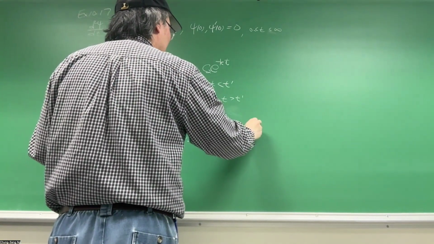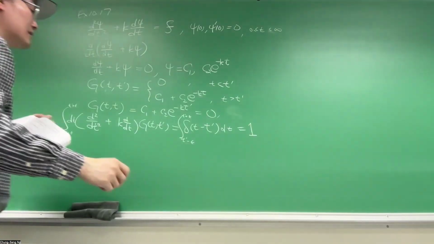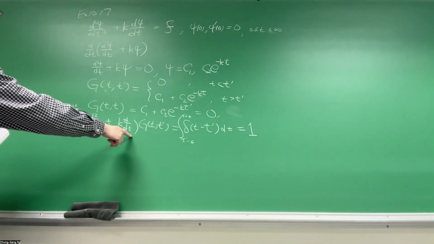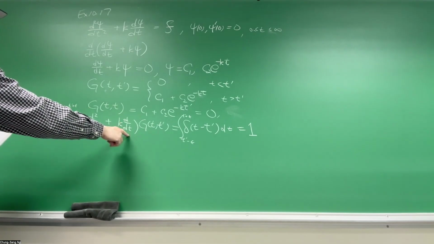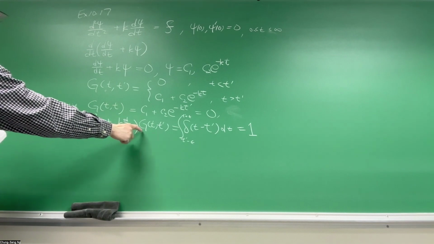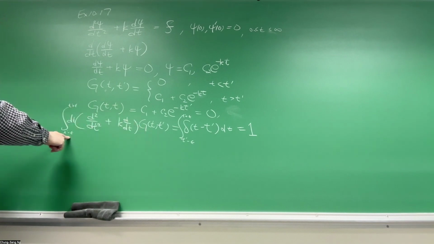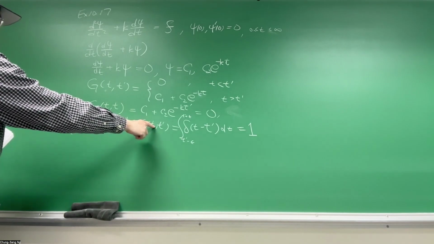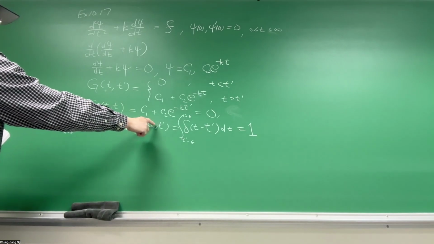The right-hand side is 1. On the left-hand side, this term will be 0 because this is a total derivative, so it will be G at the upper limit minus the lower limit, t equals t prime plus epsilon minus t prime minus epsilon.